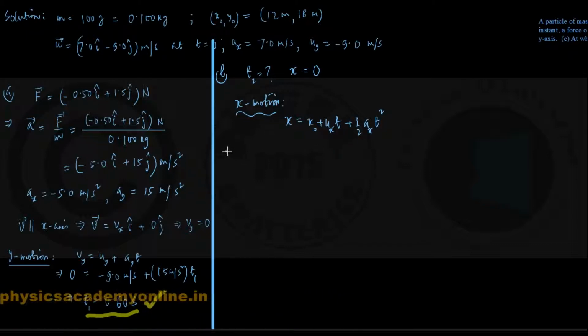So here we put the values at the instant of crossing the y-axis. X coordinate becomes 0. Initially x0 was known to be 12 meters.